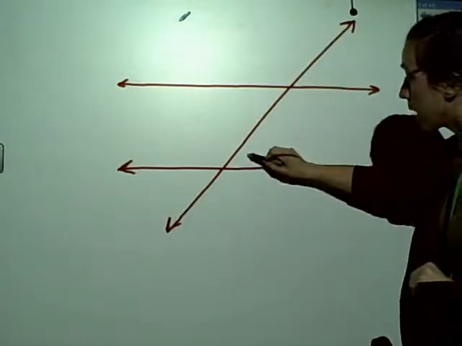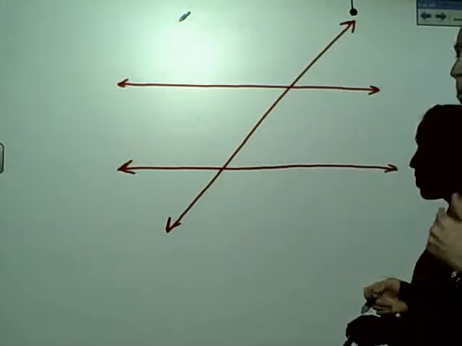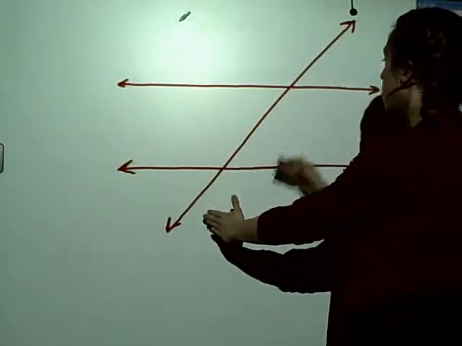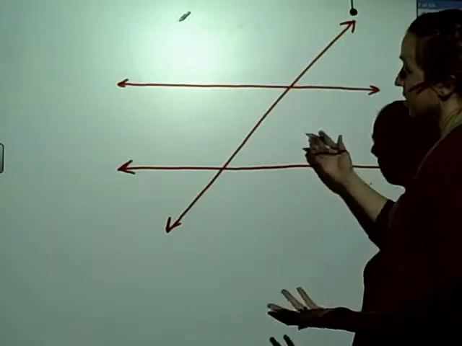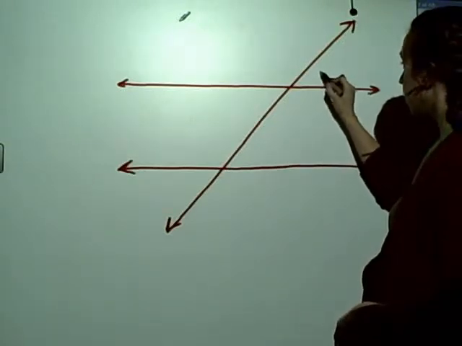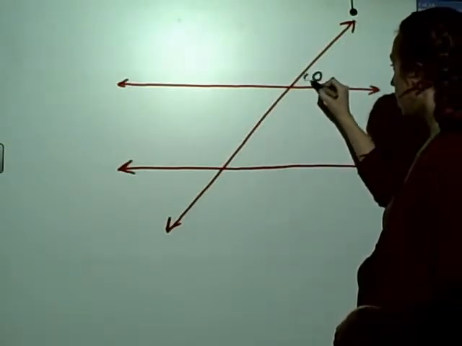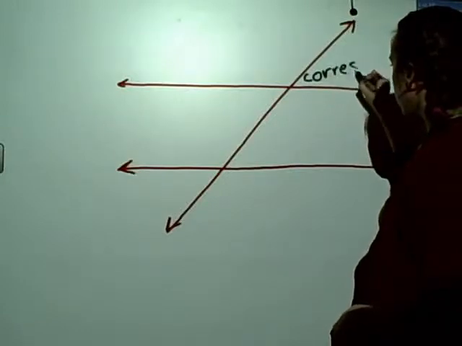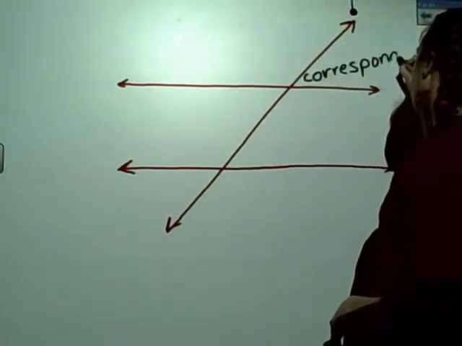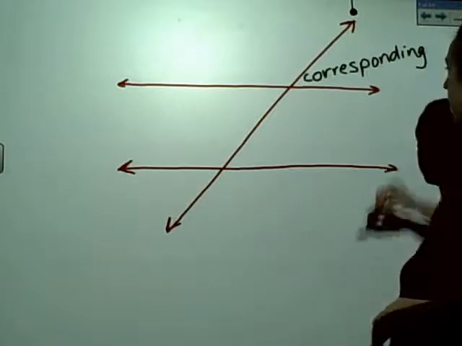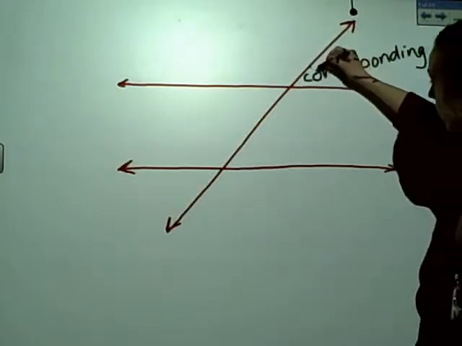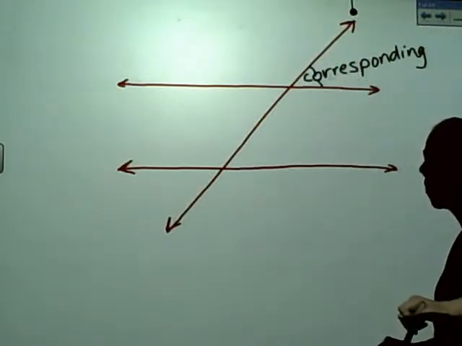Our first type of angle was corresponding angles. Corresponding angles have to be on the same side of the transversal, and they have to look like they're the same. So if I pick this one, and we'll put the word corresponding in there, where does this angle correspond to?